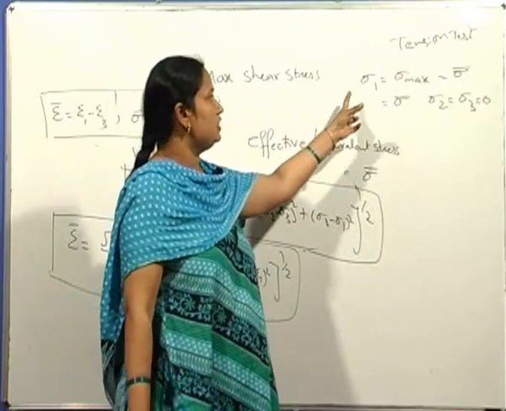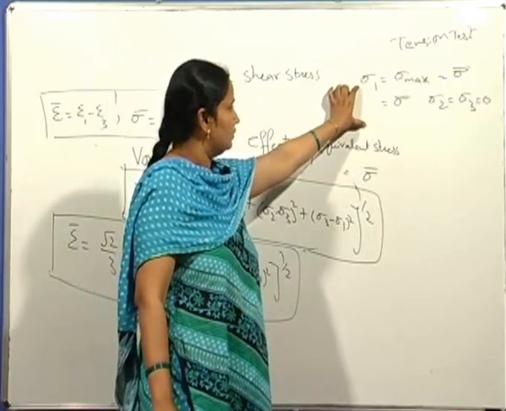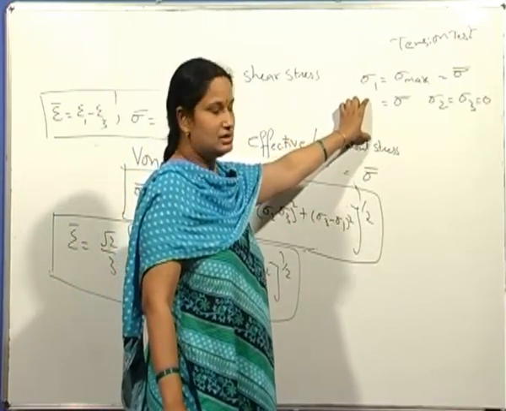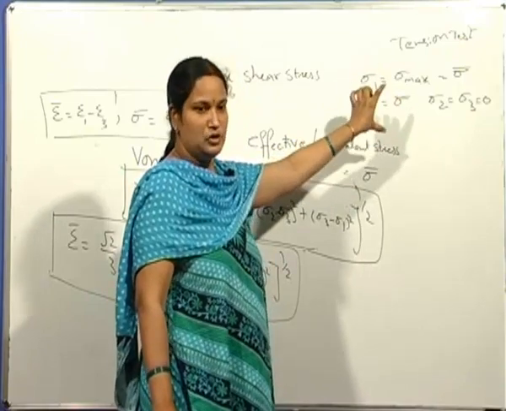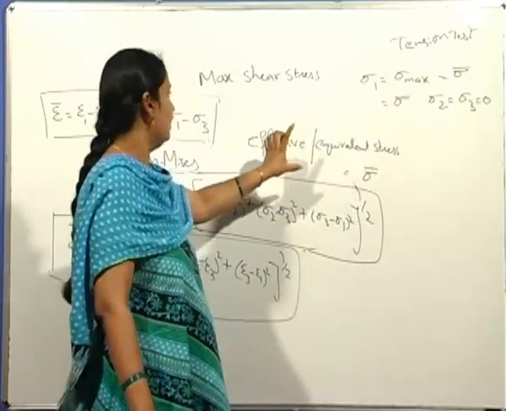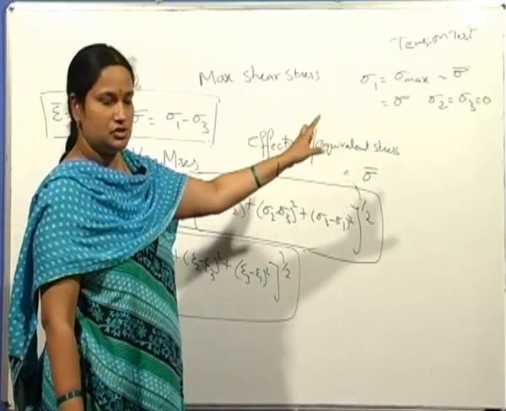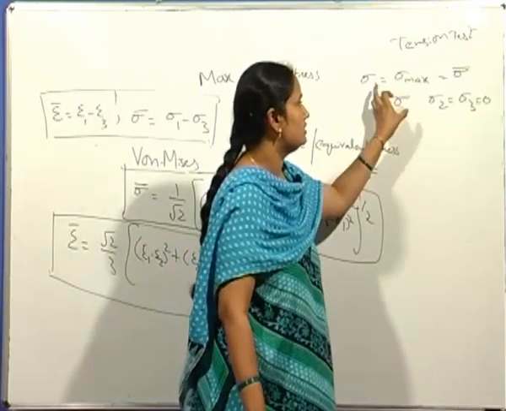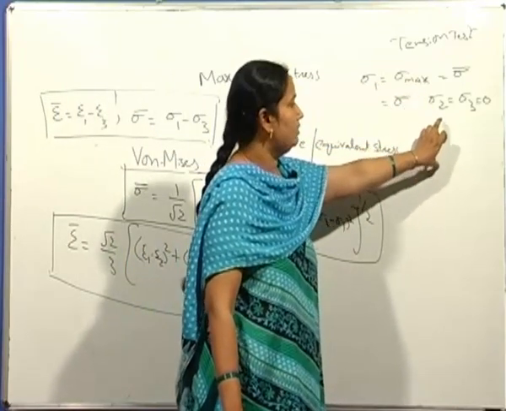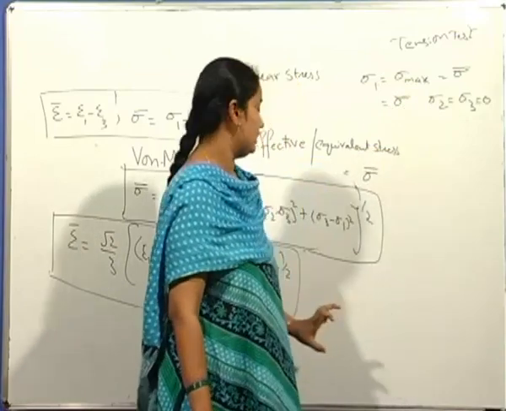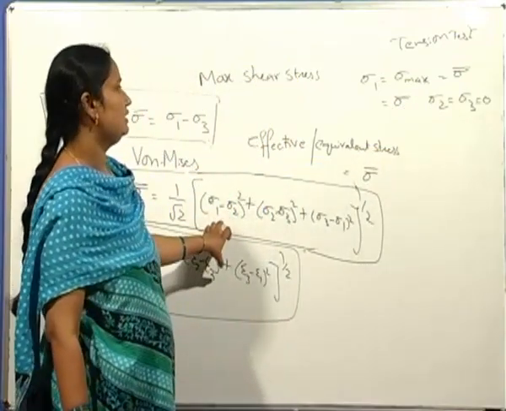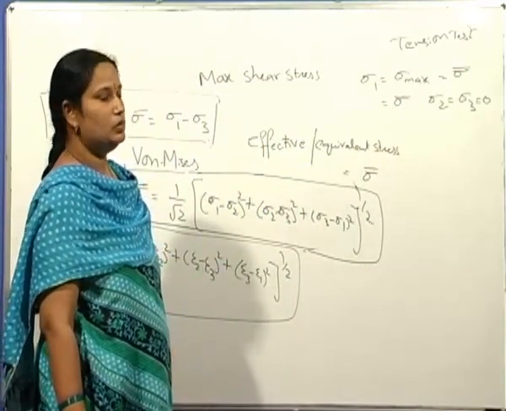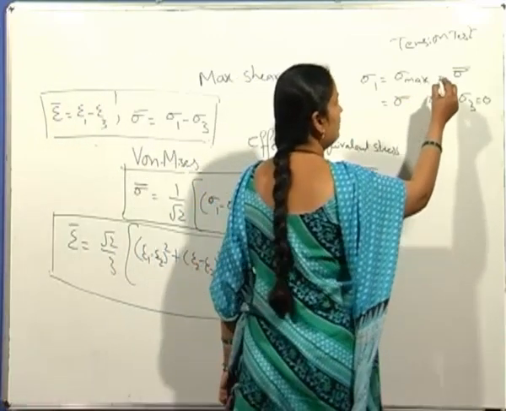For the case of tension, the uniaxial stress is the principal stress as well as the effective or equivalent stress. By substituting sigma 2 equal to sigma 3 equal to 0 into the von Mises criteria, we have sigma 1 equal to sigma bar, that is the equivalent stress.